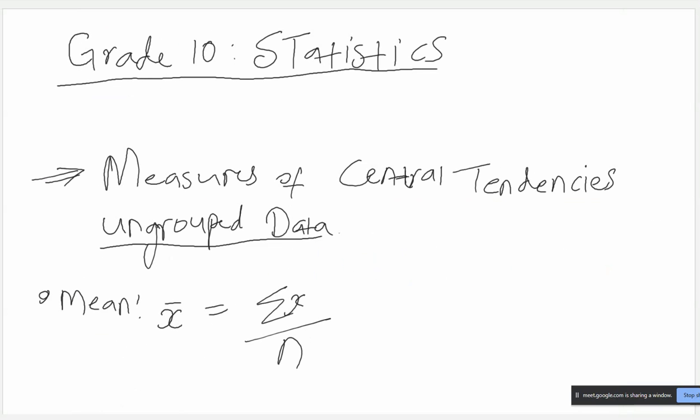So if you have data which is not grouped, then you can calculate a mean using this formula. A mean is written in the form of x bar equals the sum of x over n. So you add the total of the data and you divide by n. n represents the number of scores.